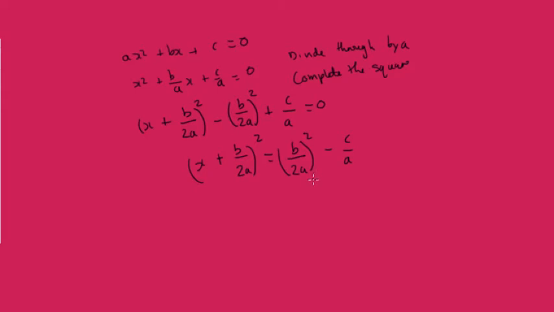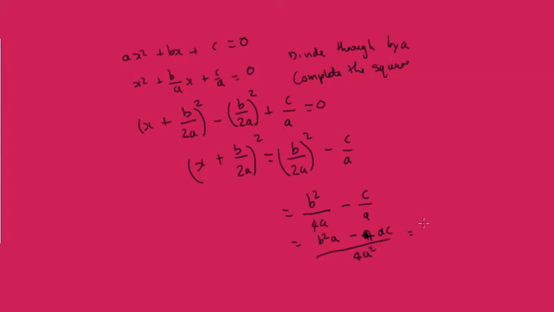Now, let's tidy this up a little bit. So it's b squared over 4a squared, minus c over a, and let's make this into one fraction. So it's going to be b squared minus 4ac over 4a squared.